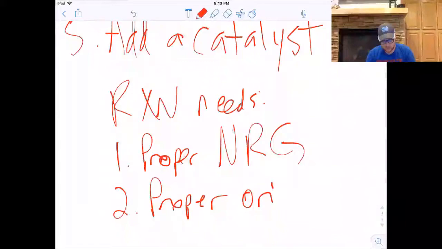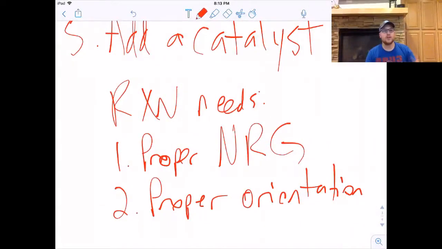So when these things collide, they need to collide with enough force. So if you're at a really low temperature and these particles are moving super slow, they're going to hit each other and then just kind of bounce off and not do anything.